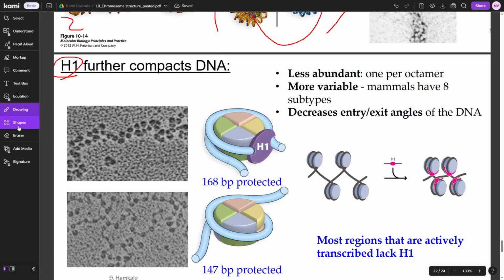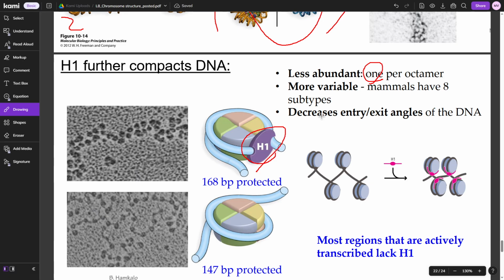So, unlike H2A, H2B, H3, and H4, there's only one H1 per octamer. That makes sense because it sits in the front here, and what it does is it basically acts like a belt, if you will. It binds to the DNA and tightens it onto the nucleosome.